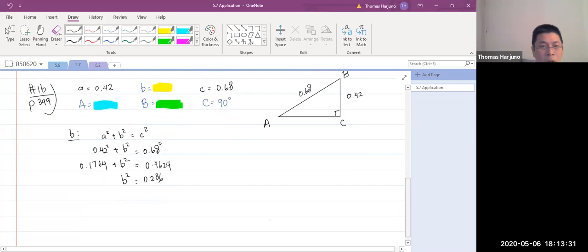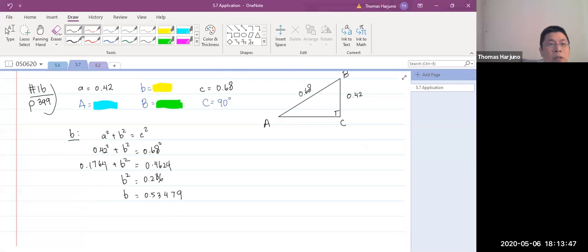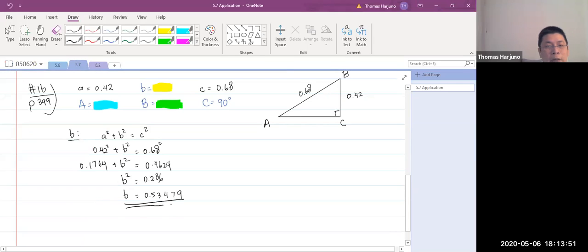So B will be the square root of that, 0.53479. Again, 5 decimal places. Okay, so B is equal to this guy.